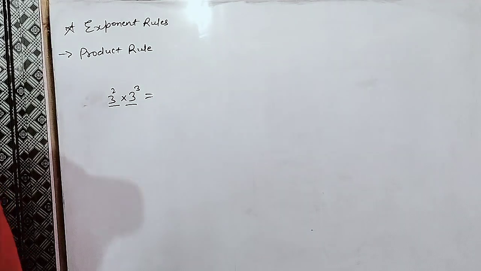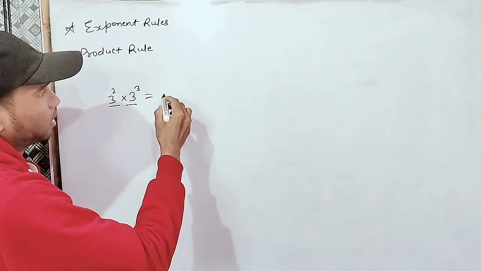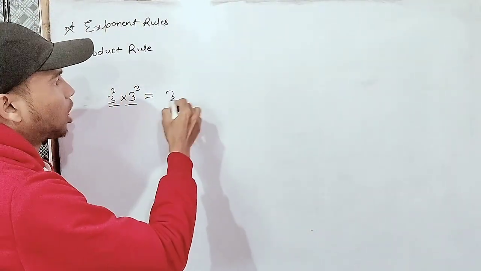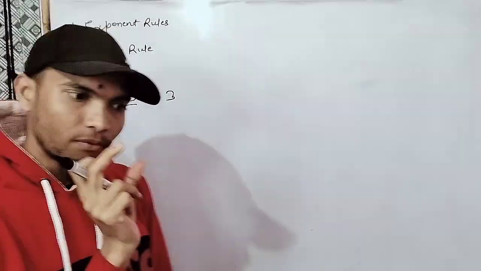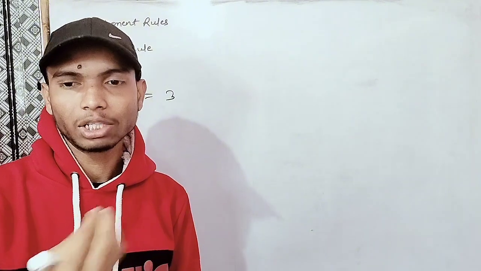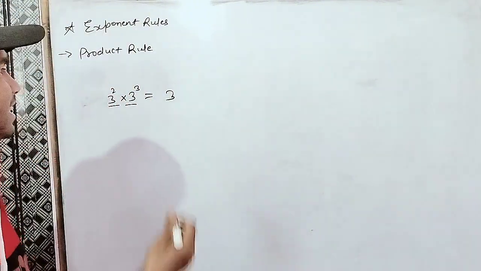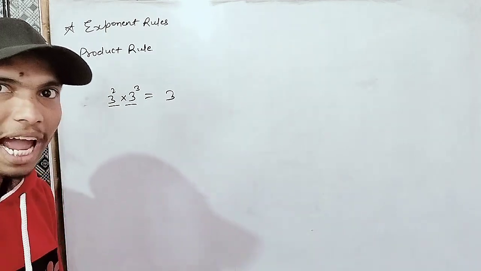Then we can write it how? It says that if the base is common, then we will write the base one time. Now we are in the context of multiplication. In the context of multiplication, we see addition. So the exponents will be added.